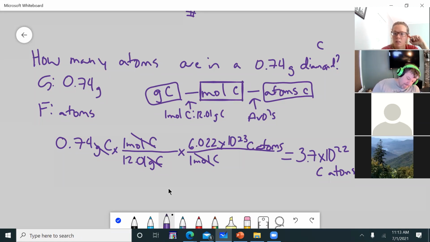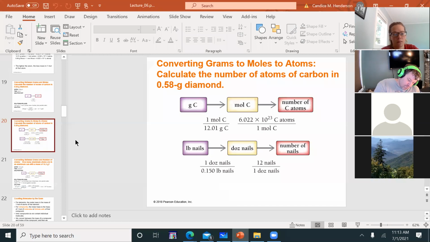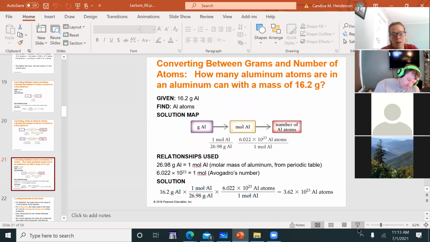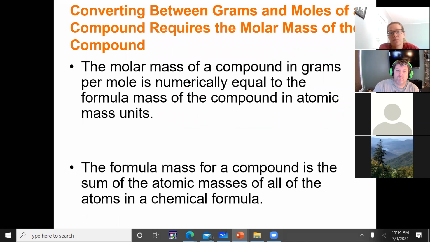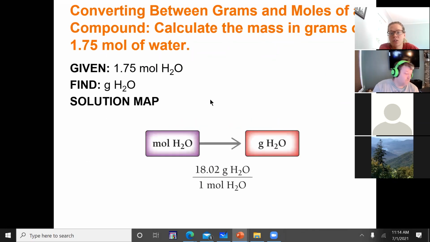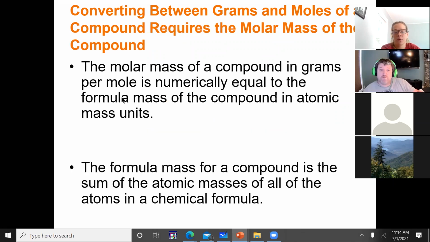Anybody else? Right. So what happens if we want to do a situation where we go from grams of a compound into moles of a compound? Well, in that case, we need to calculate the molar mass for the compound. And the molar mass for the compound is the mass of 1 mole of the molecules or formula units of that compound. So when you calculate the molar mass, you're just going to add up all the individual components.